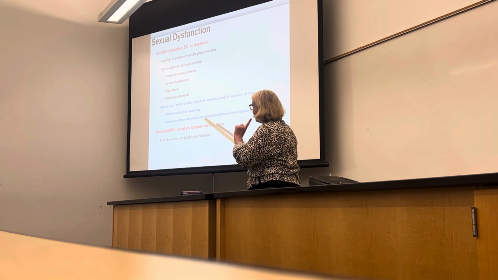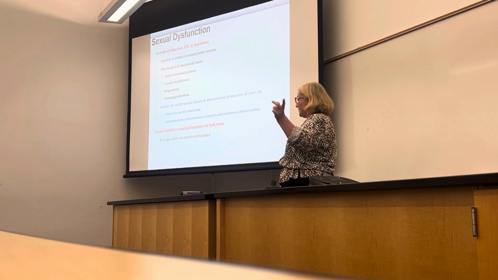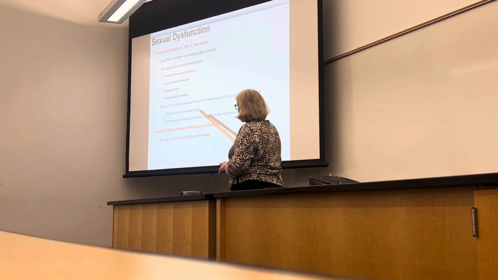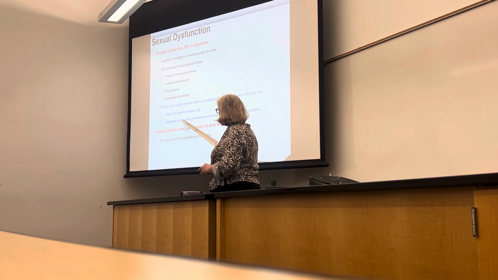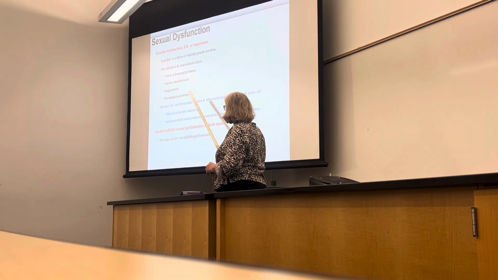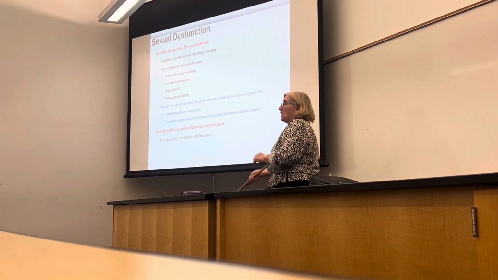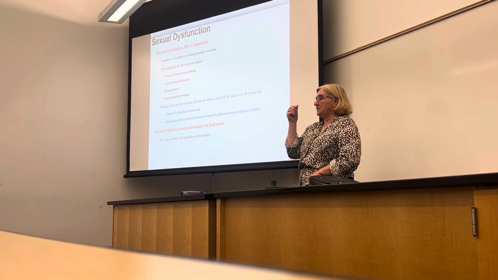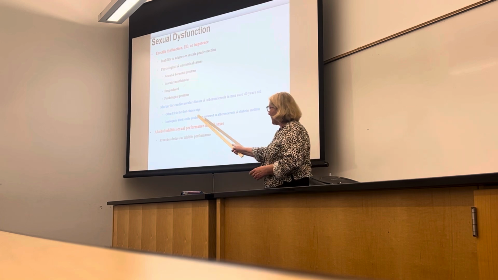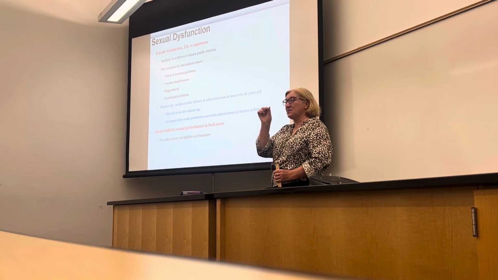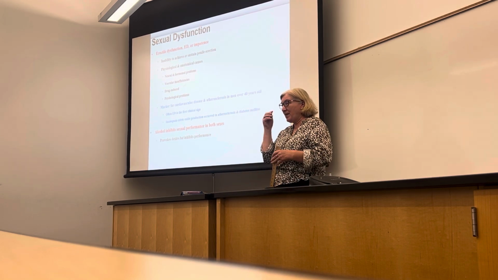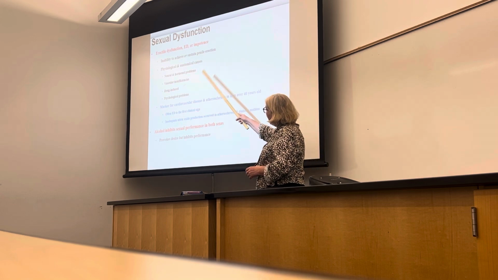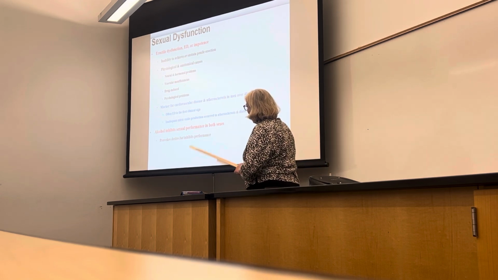Sometimes that is the first sign, and then they have to go see what's happening with their cardiovascular system. Also, atherosclerosis and diabetes inhibit the ability of the endothelial cells to produce nitric oxide, and nitric oxide is a very good vasodilator. So that altogether could affect ED.